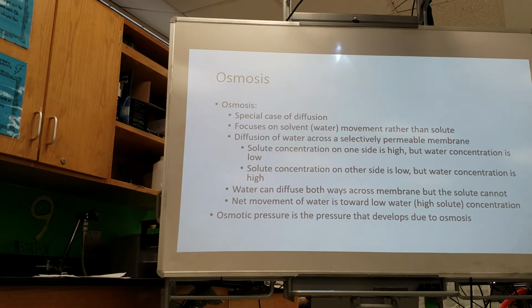Where do you have more water? Where do you have less water? Where do you have more solute? Where do you have less solute? In general, things always want to move so that there is an even concentration at the end. Systems are always moving towards equilibrium where you have equal concentrations. So if you think about it, you have a barrier between two compartments. One of them has very concentrated liquid.